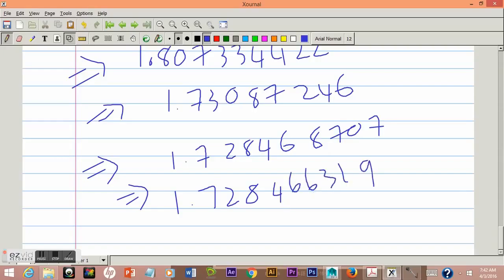So after a limit, you get repeated numbers like this.